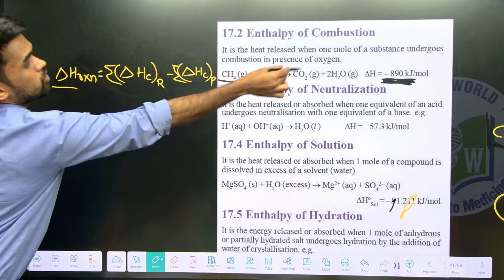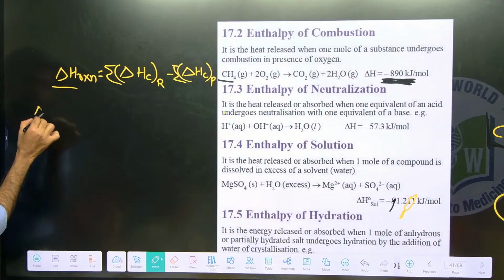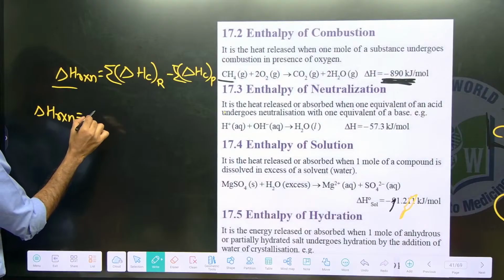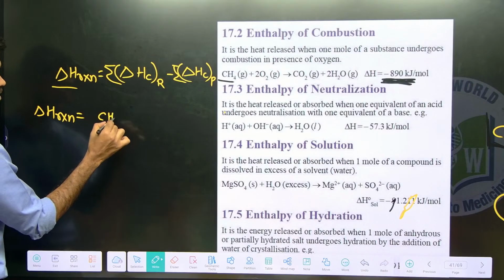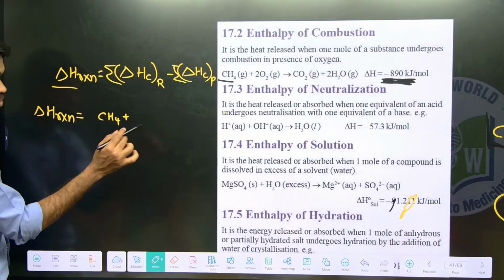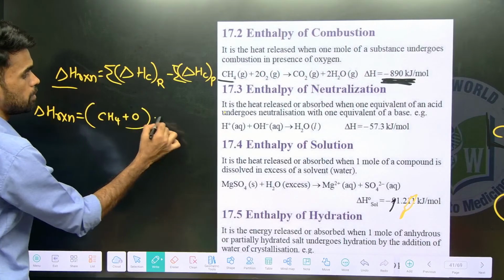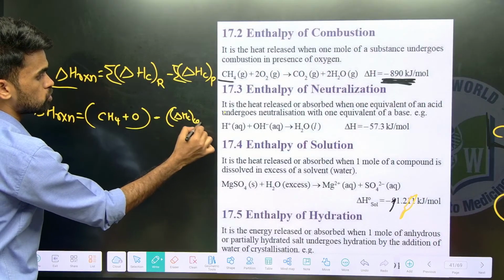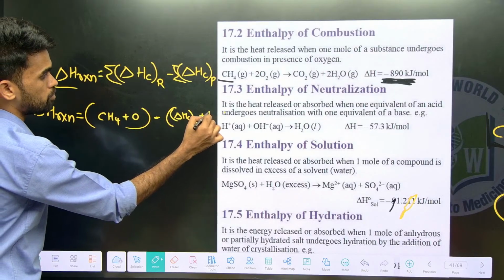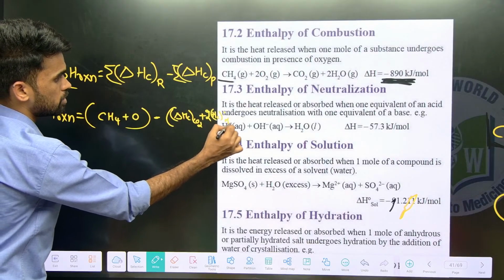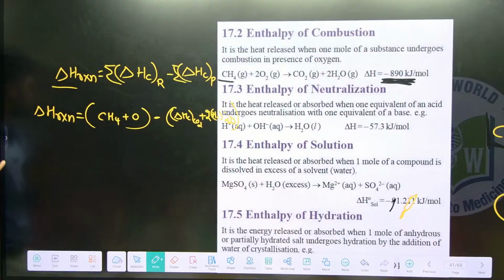For this equation, tell me fast: enthalpy of combustion of methane, plus O2 which is 0, so don't consider that, minus enthalpy of combustion of CO2 plus 2 into enthalpy of combustion of H2O. Upon simplifying you will get the answer.